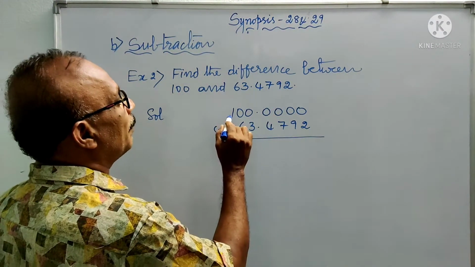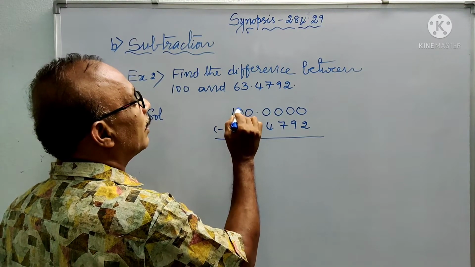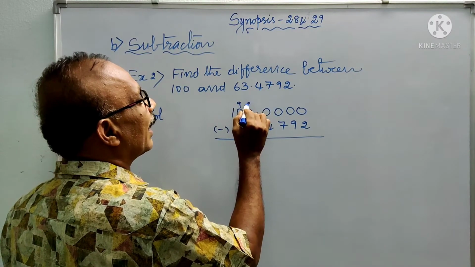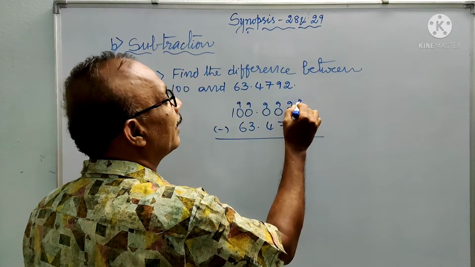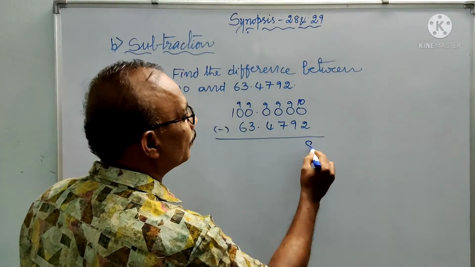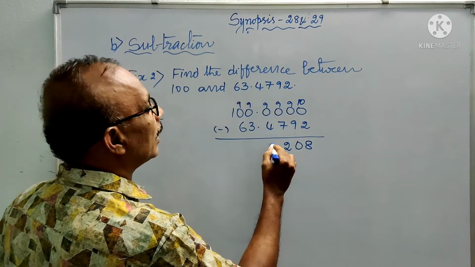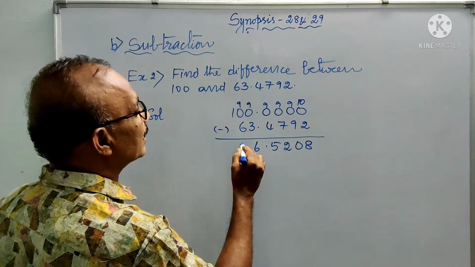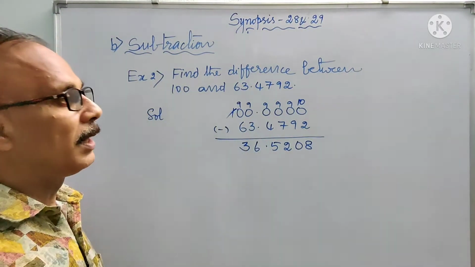Now we'll have to borrow from here. When you borrow 1, it will become 10 here, and from that 10 if you borrow 1, 9 here, again 9 here, again 9 here, again 9 here, it will be 10. Now 10 minus 2, 8, 9 minus 9, 0, 9 minus 7, 2, 9 minus 4, 5, 9 minus 3, 6, 9 minus 6, 3, and this is borrowed already.